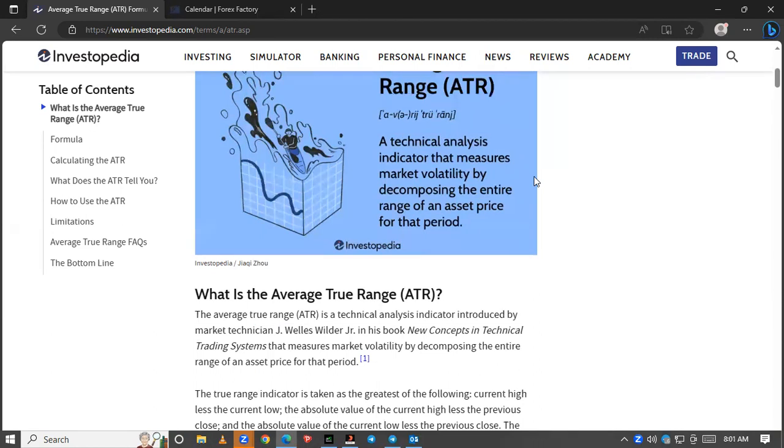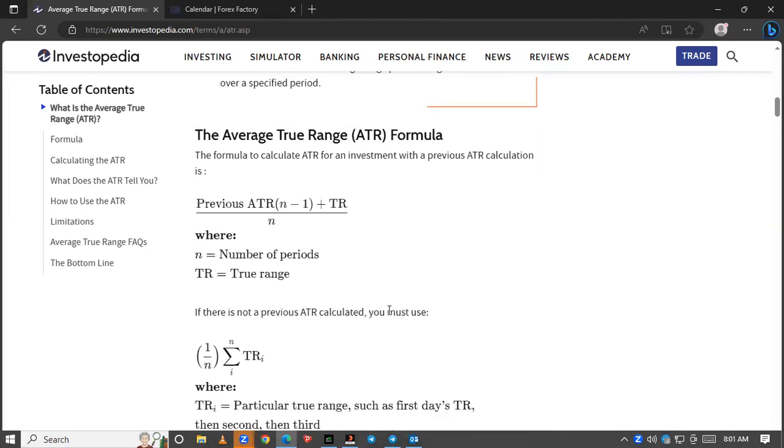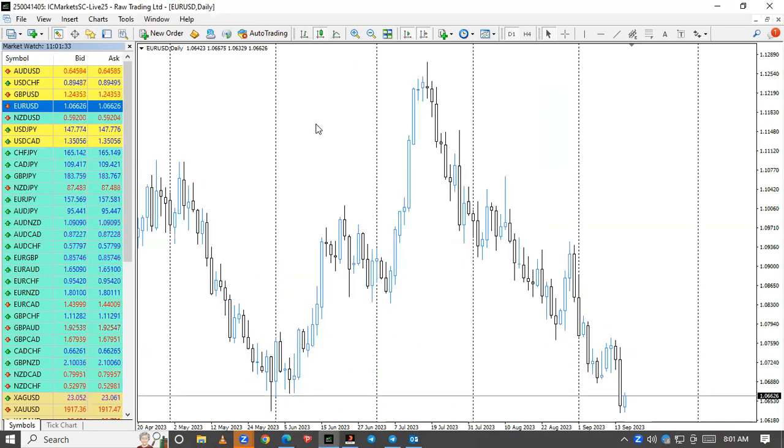This means that it will check the volatility by taking its highs and its lows in the market. What it will do is take the high and the low of a specific day. Let's use just a common currency like Euro USD.